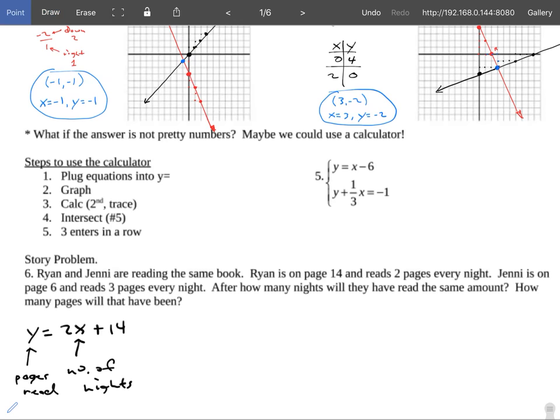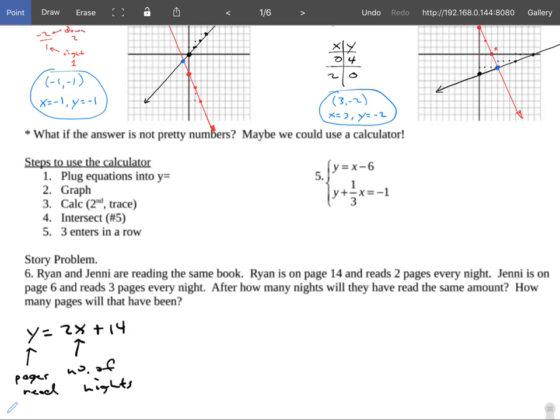You can see then, for example, if x is 1, well, 2 times 1 is 2, plus 14 would be 16. So after 1 night, he's read 16 pages. After 2 nights, you would put 2 in for x. 2 times 2 would be 4. 4 plus 14, that would be 18 pages read after 2 nights.